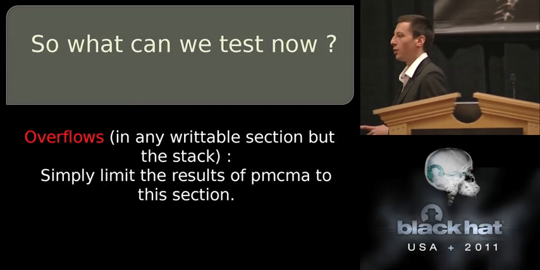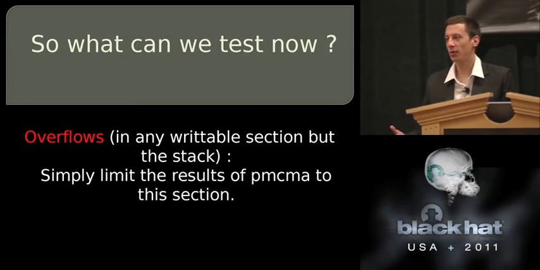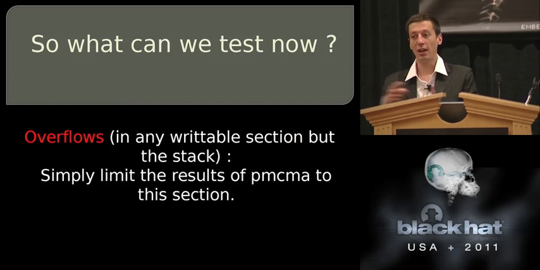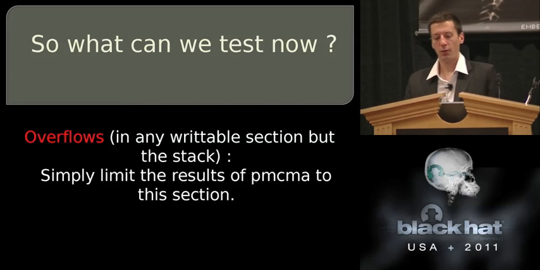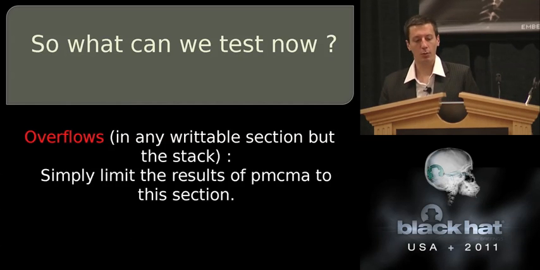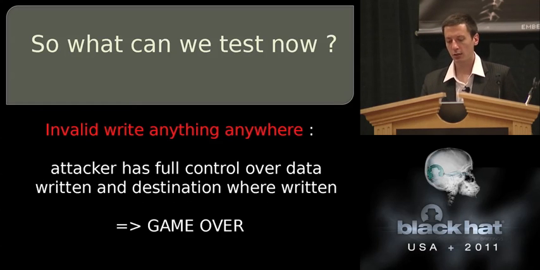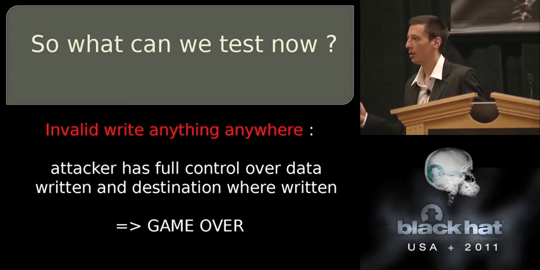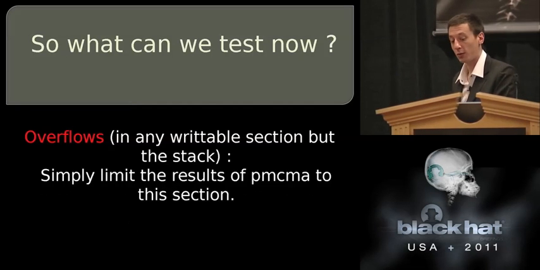Okay, so overflows are a particular kind of invalid memory write. We can see it that way, in the sense that they usually have a length, instead of writing just 4 bytes or one pointer. They overwrite memory sequentially. The tool can check invalid memory writes which happen randomly and at a very precise location, or overflows.